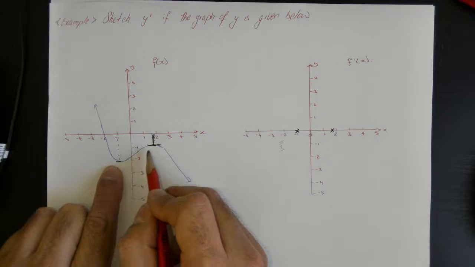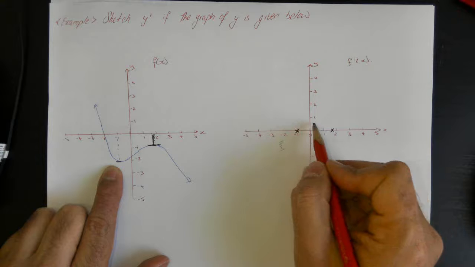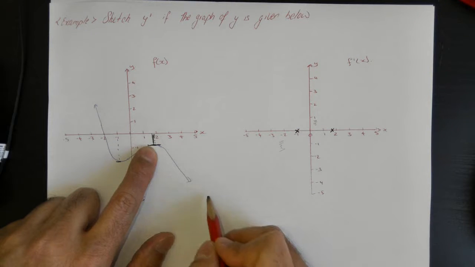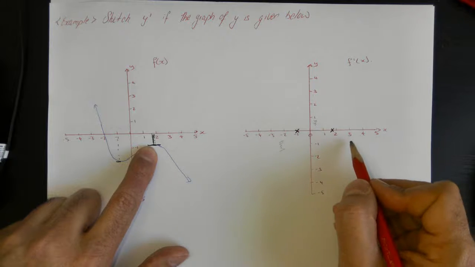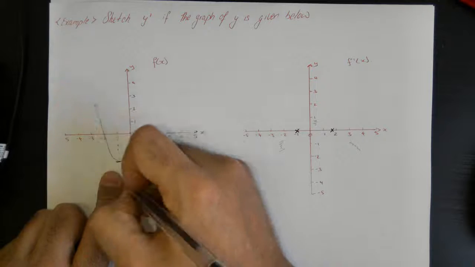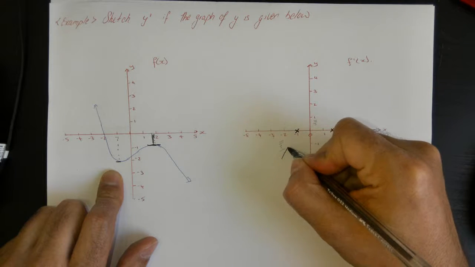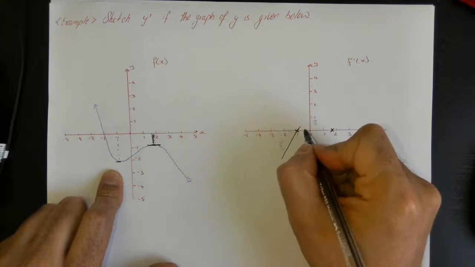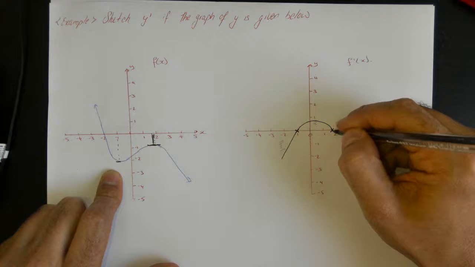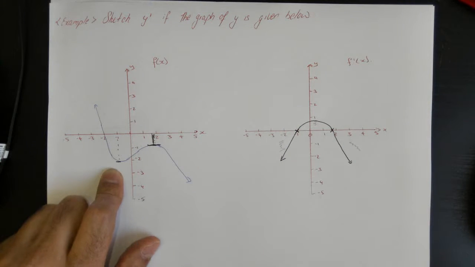From -1 to 1.7, it's increasing, so we're going to draw it up here. And from 1.7 to infinity, it's decreasing, so we're going to draw it down here. So this cubic is creating a derivative function that looks something like this.